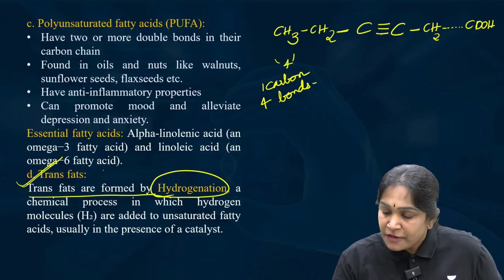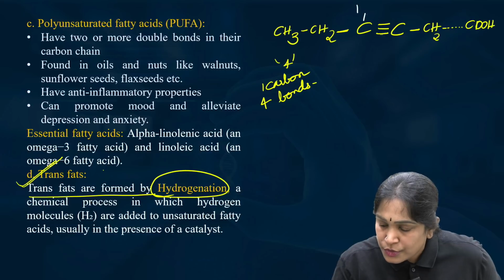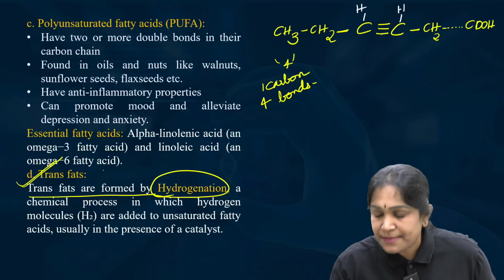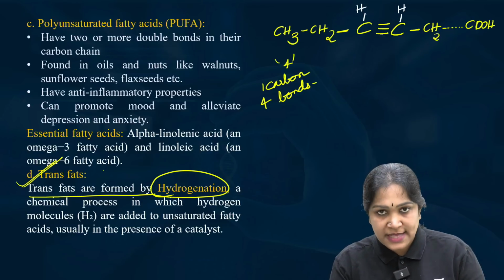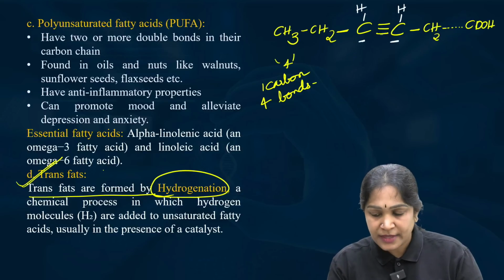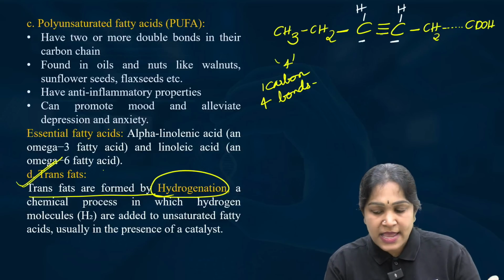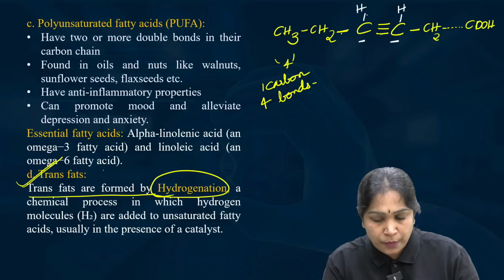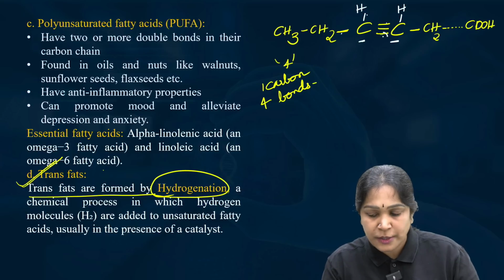When we add 2 hydrogens, I am adding one hydrogen on this carbon atom and the other hydrogen on this carbon atom. Now this carbon has 1, 2, 3, 4, 5 bonds. It is not possible.